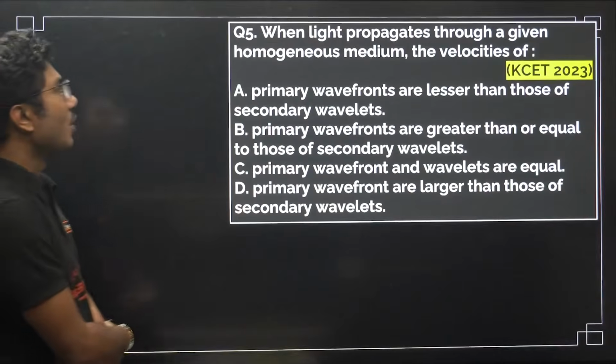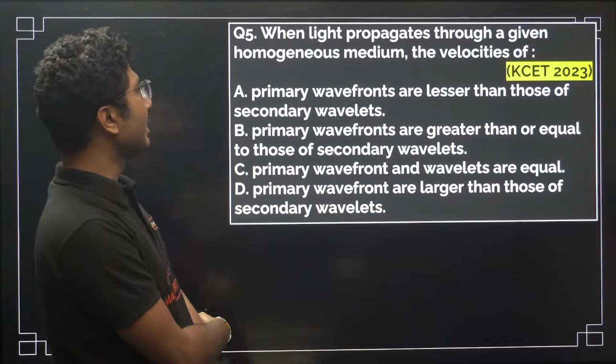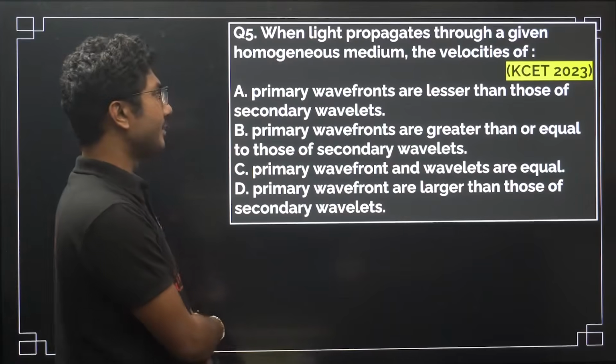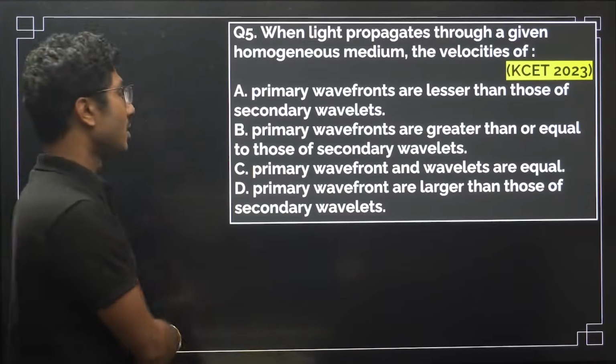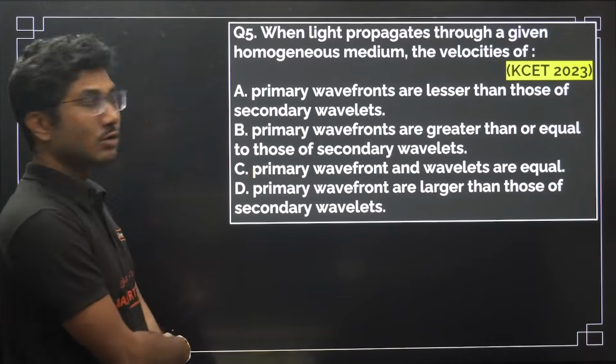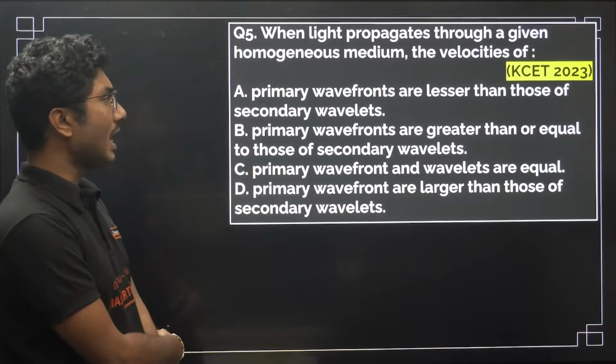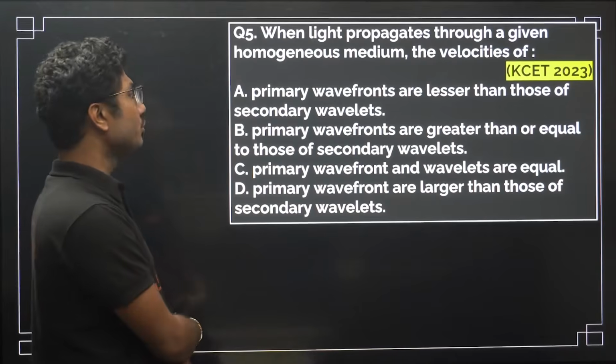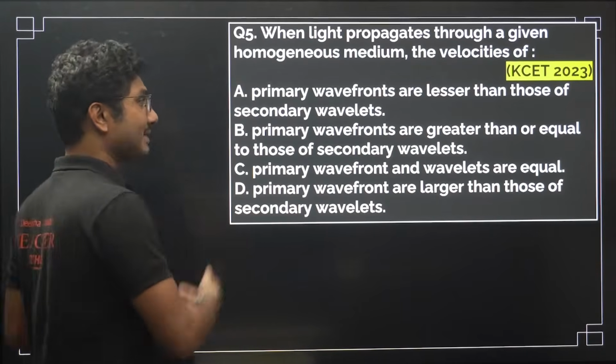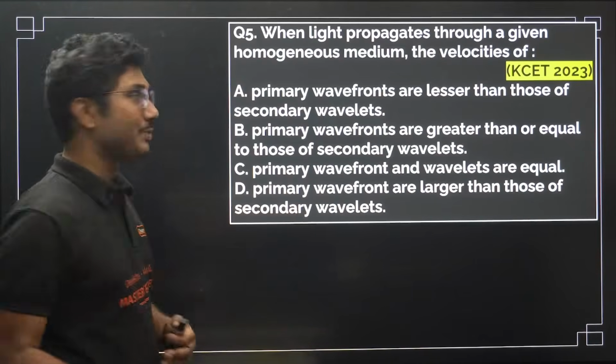Next is, when light travels through a given homogeneous medium, the velocities of primary wavefronts are lesser than those of secondary waves. No, primary and secondary, they have the same speed, right?